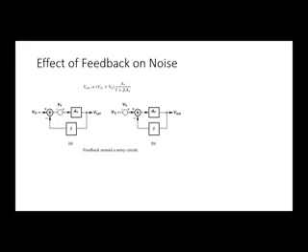Next, we see the effect of feedback on noise. Feedback does not improve the noise performance of the circuit. Let's first consider the simple case illustrated in figure A, where the open loop voltage amplifier A is characterized by only an input referred noise voltage, that is Vn, and the feedback network is noiseless.